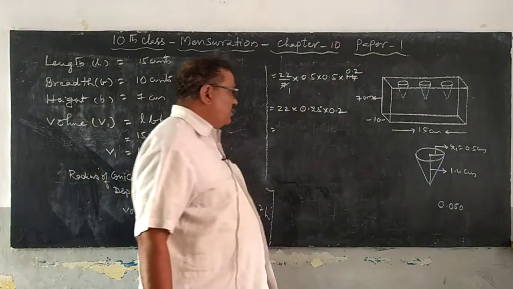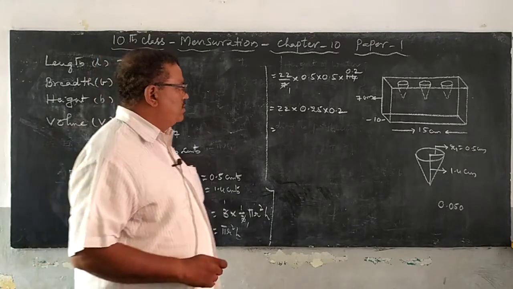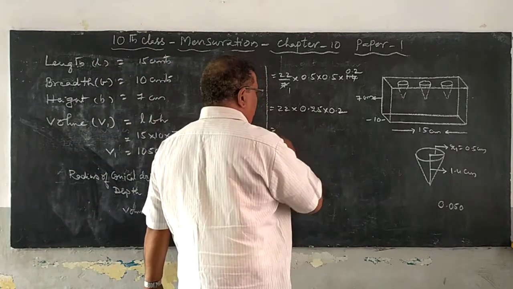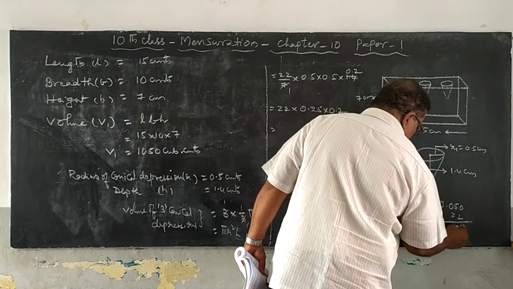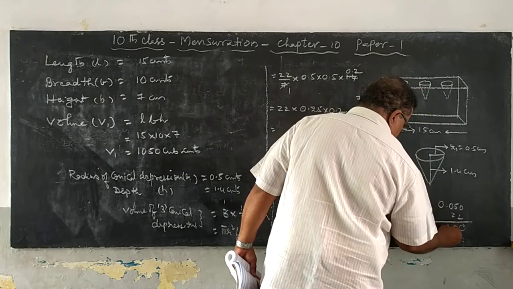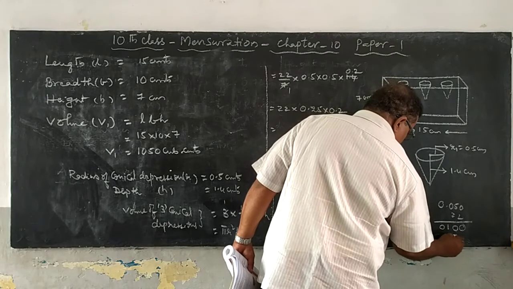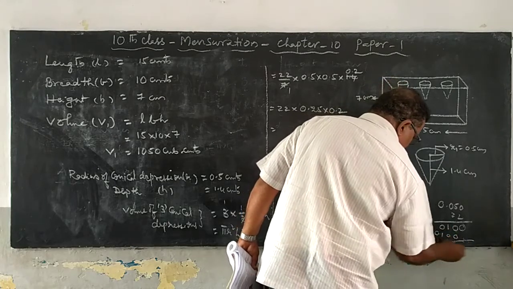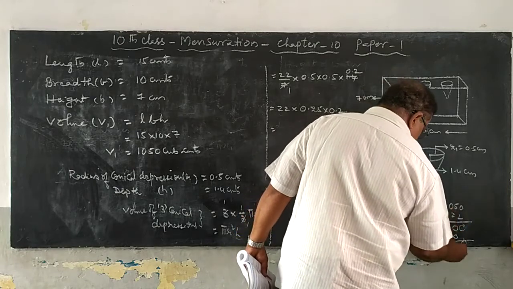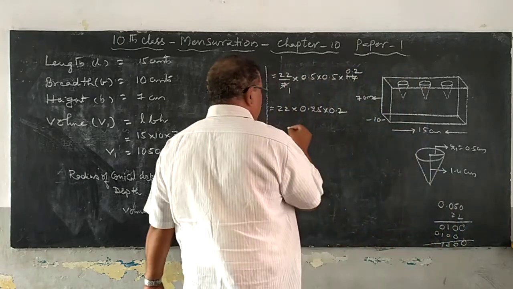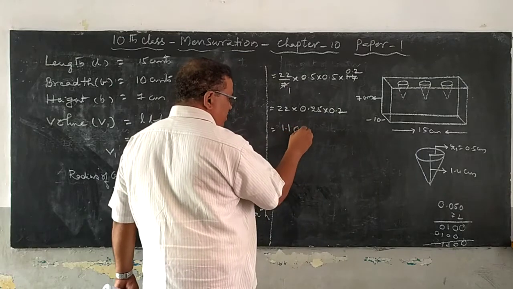Is it right or not? 3 digits before we need to keep the point, into 22. 2 fives are 10, so 0, 1. Same values, 0 0 1 1. How many digits? 3 digits before, so that is 1.1 cubic centimeters.